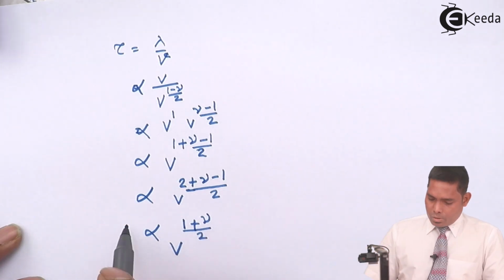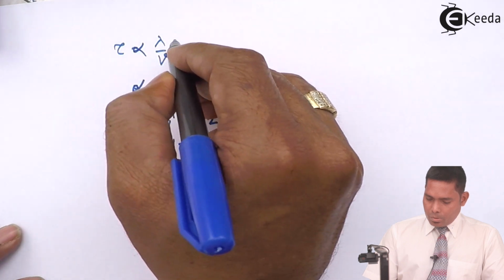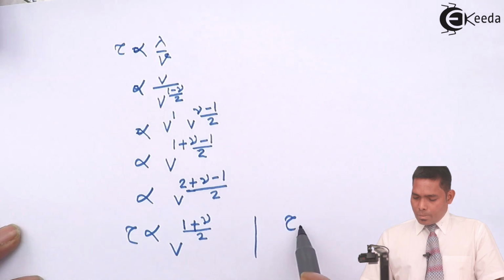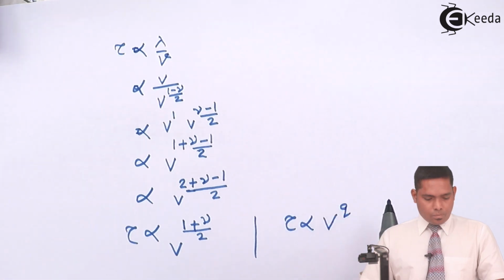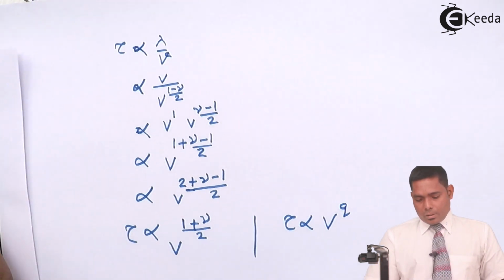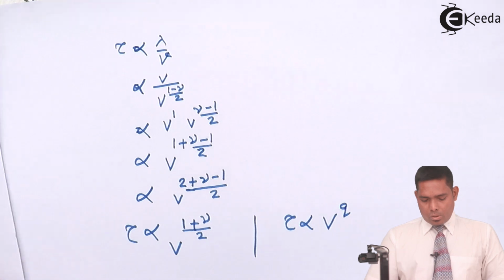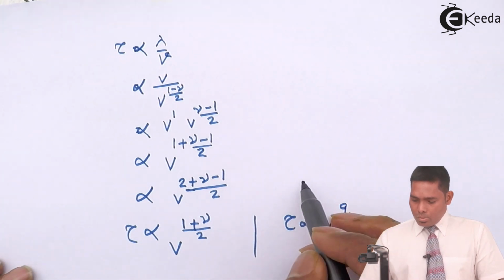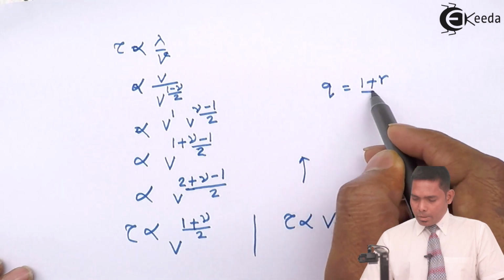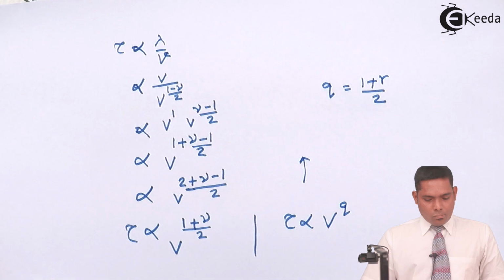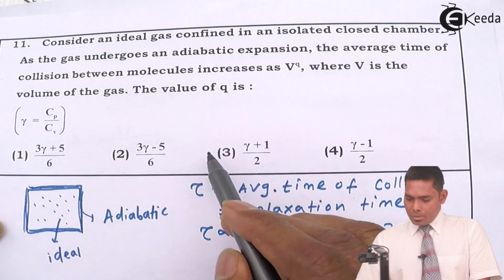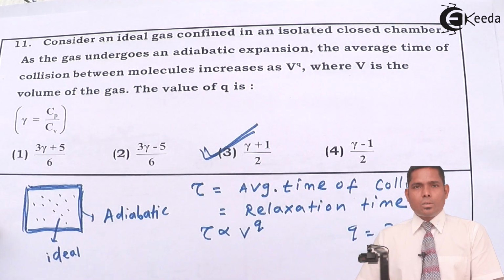So tau is proportional to V raised to (1 plus gamma) by 2, and the question gives tau proportional to V raised to Q. If you compare these two, Q is equal to (1 plus gamma) by 2. If you look at the options, this is the correct option. So this is the answer to this question.